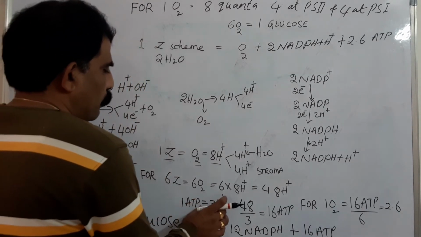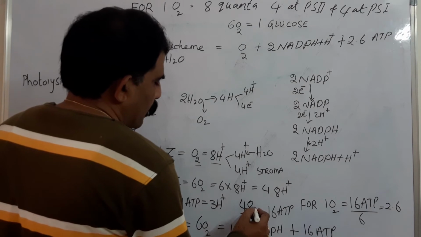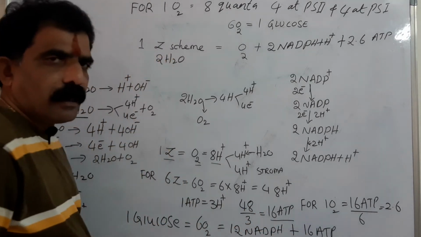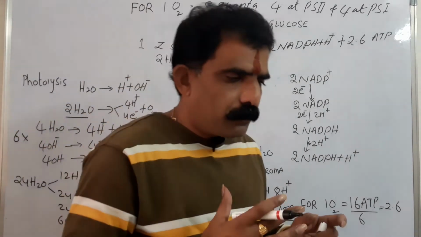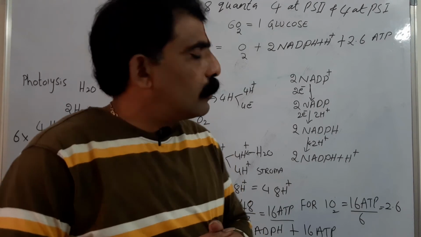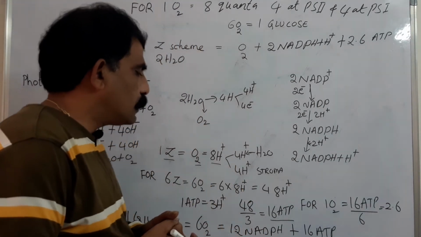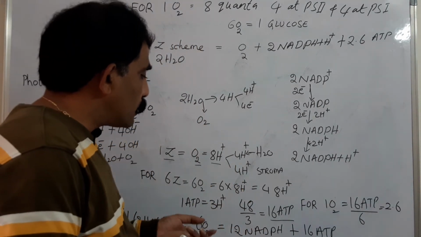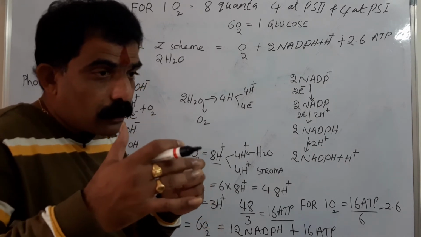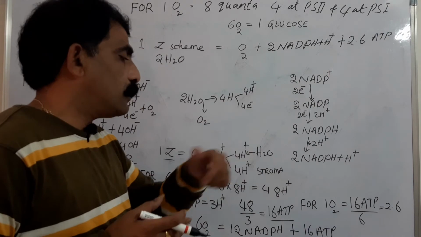When 1 ATP needs 3 protons, with 48 protons divided by 3, 16 ATPs can be formed. When all these 48 protons go back into the stroma, it results in the formation of 16 ATPs. For the evolution of 6 oxygen molecules, 16 ATPs are produced.